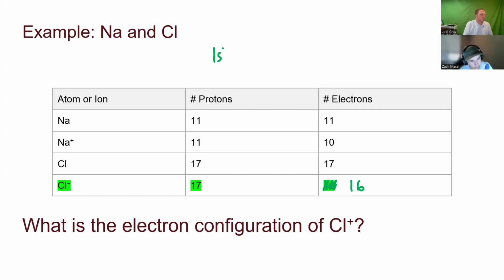So we're talking 1s2, 2s2, 2p6. That's 10 electrons. Now we've got our valence electrons, 3s2, then 3p4. So I added 2 plus 2 plus 6 is 10, plus 2 gives us 12, plus 4 gets us 16.